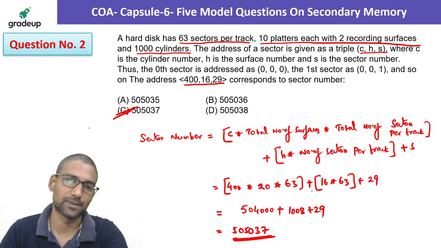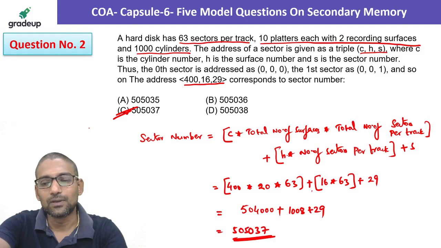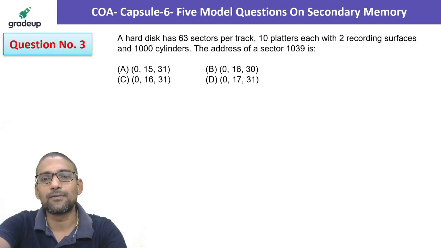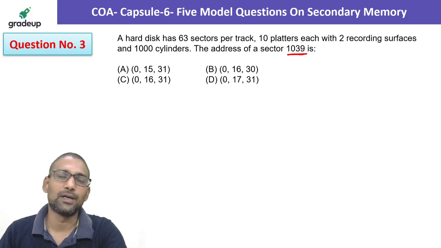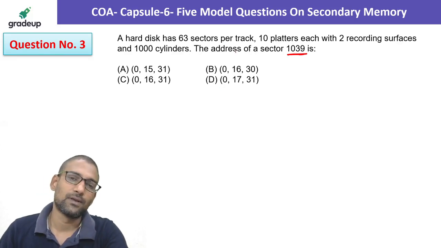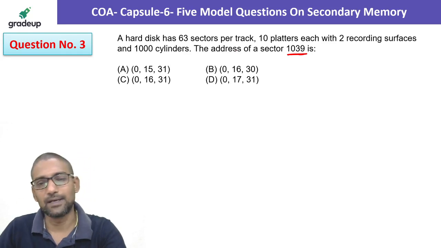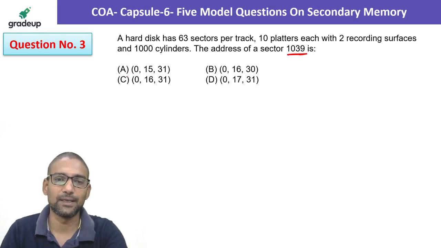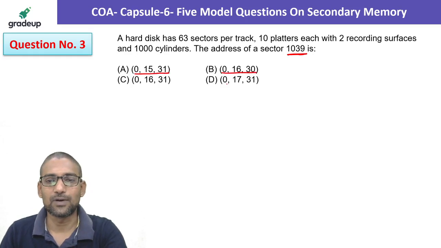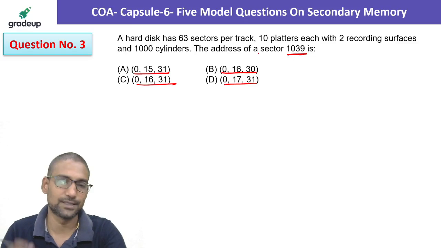Okay, it's very simple. Now, if we are given the sector number and asked for CHS, there is a standard approach, but instead it is better that you follow reverse engineering, meaning apply the formula on each option; whichever gives 1039, that is the answer.